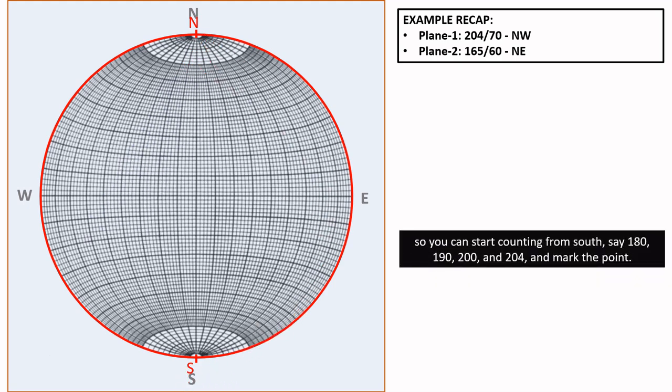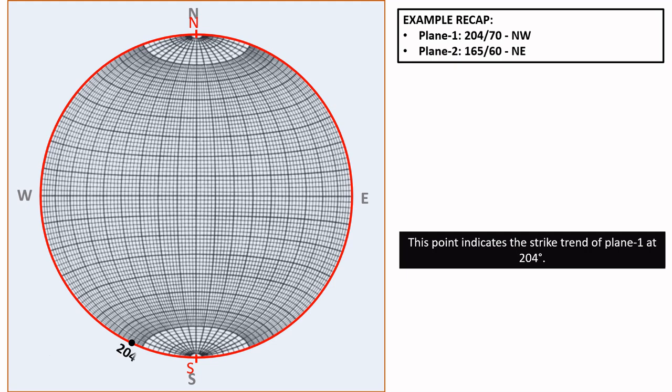So you can start counting from south, say 190, 200 and 204, and mark the point. This point indicates the strike trend of plane 1 at 204 degrees.